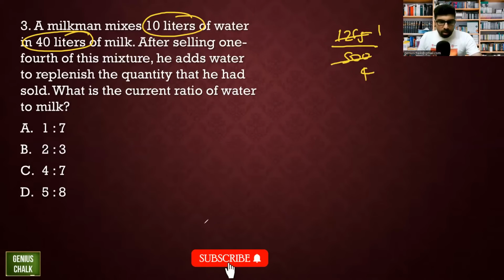So we can write it like this. 4 was the actual amount of milk and 1 was the water. Now, after selling 1/4 of its mixture, he's adding water, right? So the same one quantity is taken out and then replaced as well.